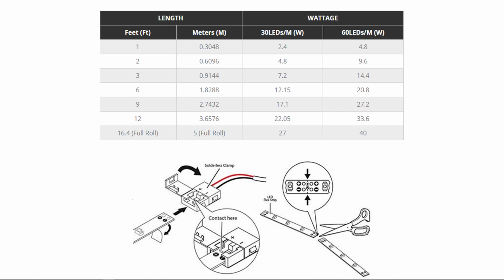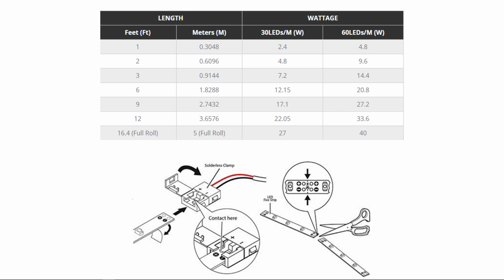Notice it has two connections, minus and plus, and that's it. So that is a dimmable monochrome, meaning one color. It's orange, blue, yellow, red, or white. It's one color, monochrome.